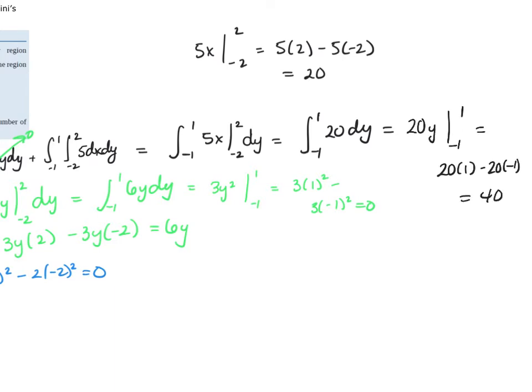So my final answer is 40. So I was allowed to do this into smaller bite-sized pieces because the rule up above says, hey, I can break up this into individual integrations over sums and differences.